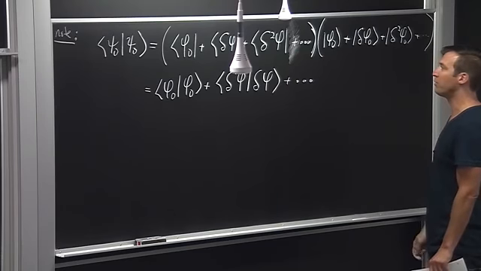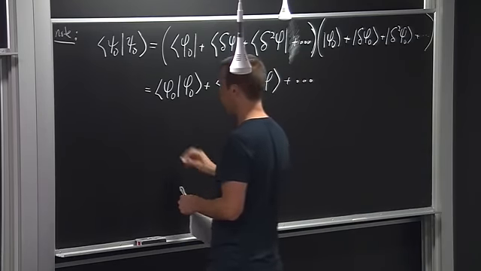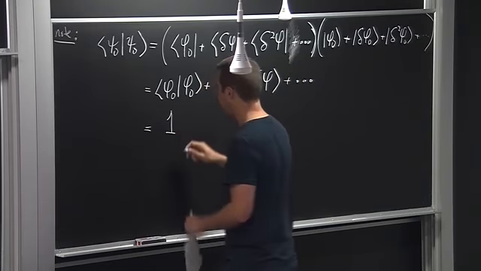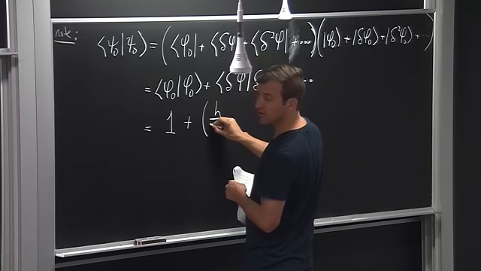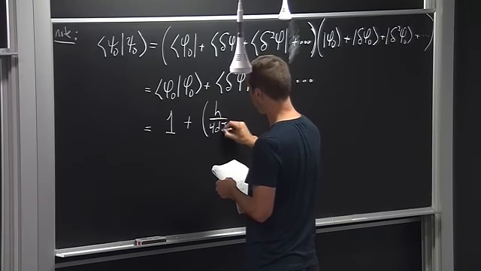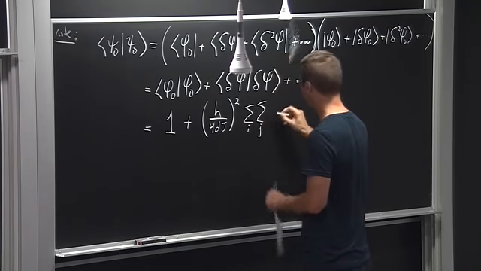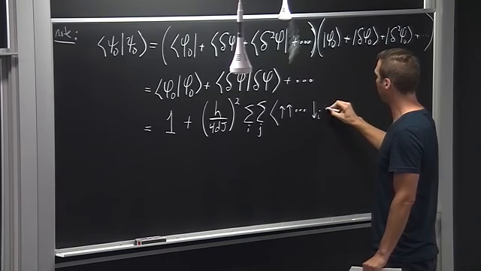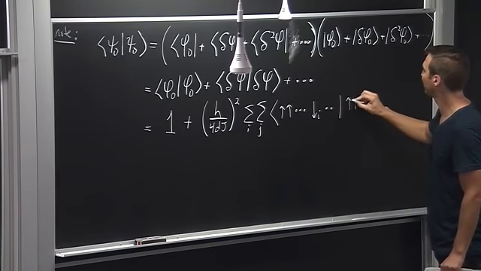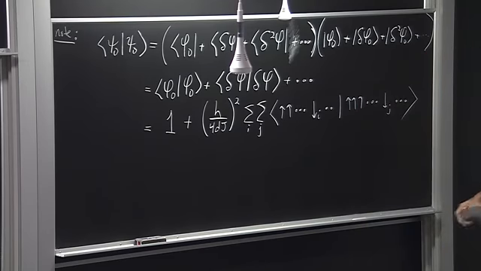Okay, the higher order terms now will be order h cubed, or h to the fourth. And this will give us something like h over 4dj. Sum over I, sum over j. We'll call this one I. This one j. Plus higher order terms.